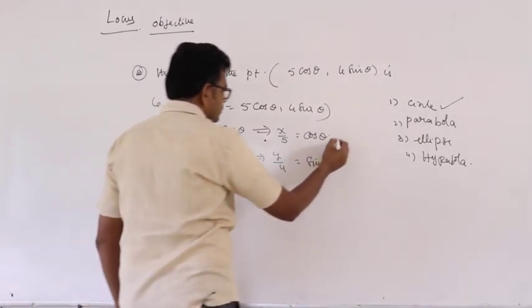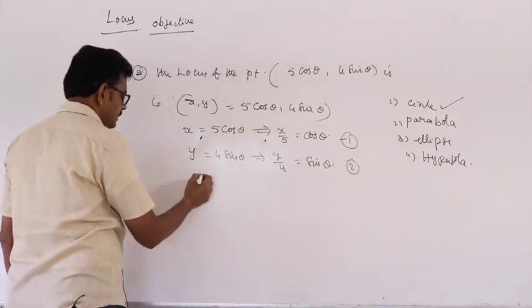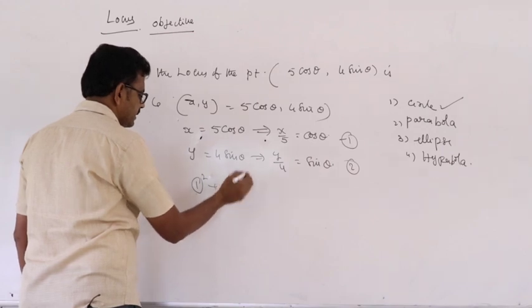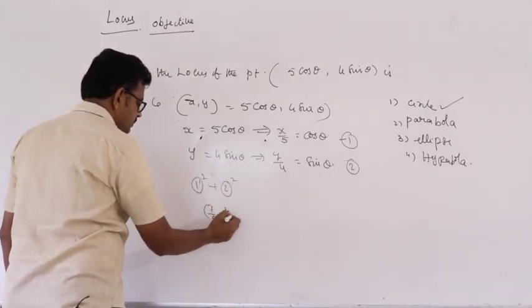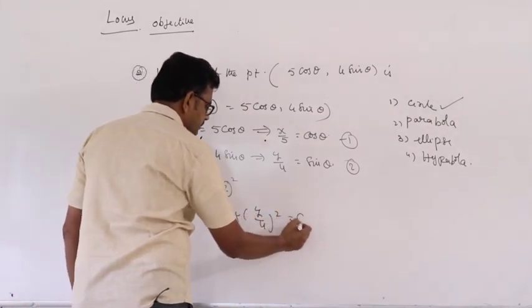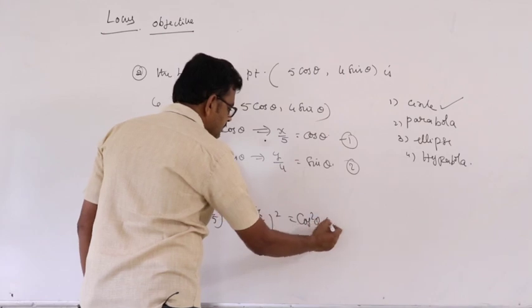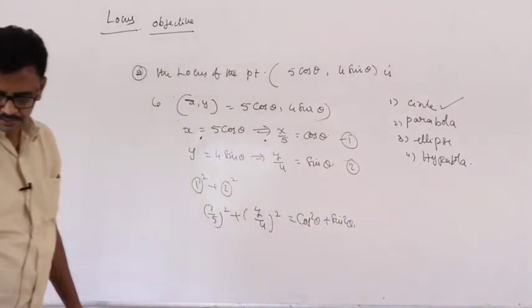Now this is the first one, this is the second one, squaring and adding. So this is (x by 5) whole square plus (y by 4) whole square equal to cos square theta plus sin square theta.